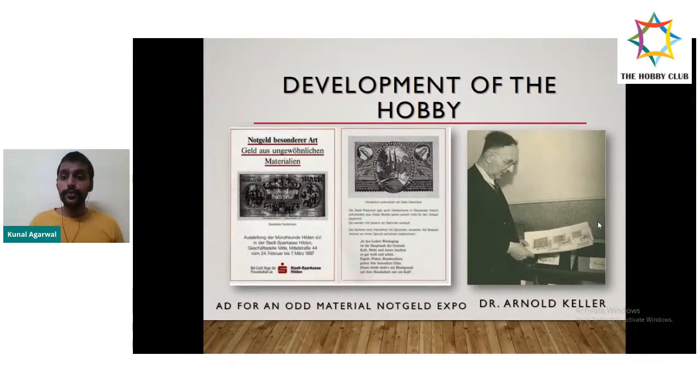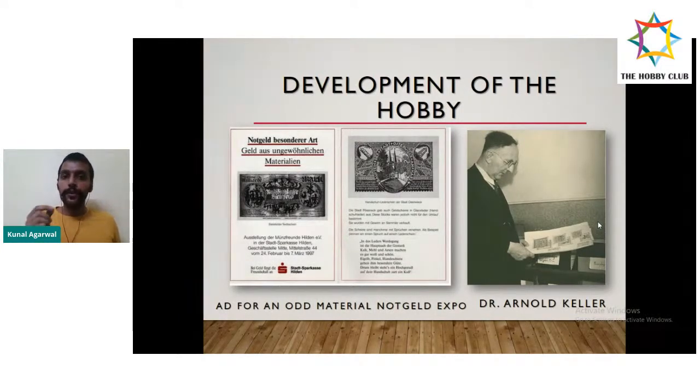He used to write articles about new issues, and then the hobby became so advanced that he also had to create a blacklist. If there was any dispute between a dealer and a collector, he would mention it there, and if the dealer remained at fault, he would blacklist the dealer for some time.